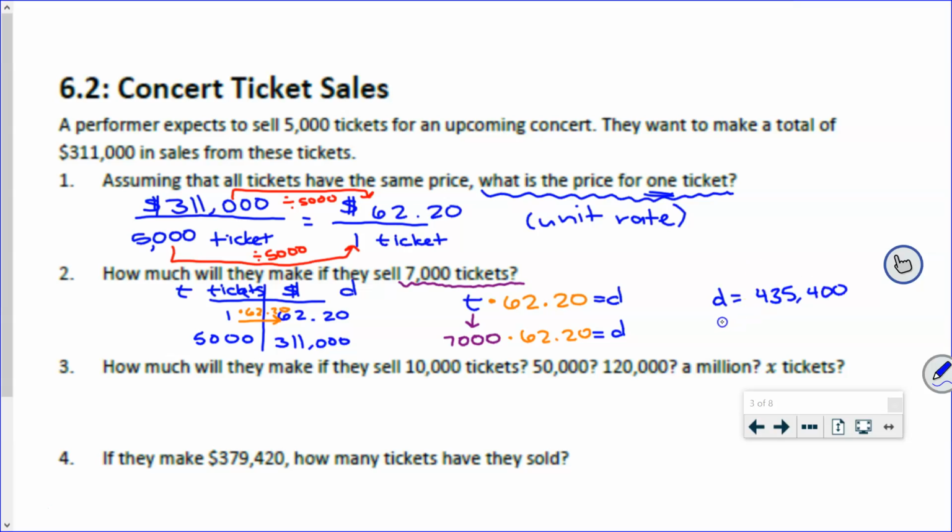Dollars? Perfect. So this is our abstract answer. D equals 435,400, right? Our quantitative answer would be $435,400 for 7,000 tickets.